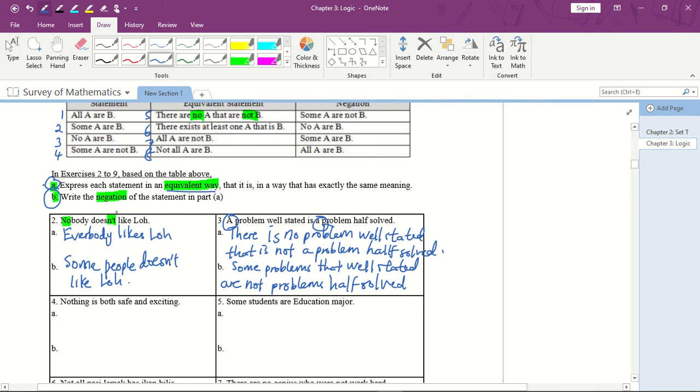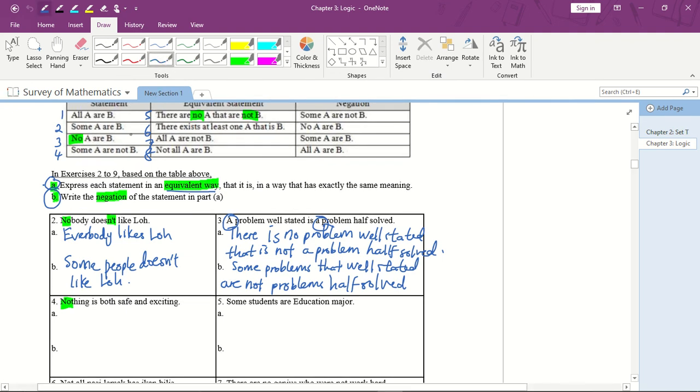Okay, so here, nothing is both safe and exciting. If you notice, you have a no thing. Nothing means no things, right? So no things are something. It actually belongs to the third statement here.